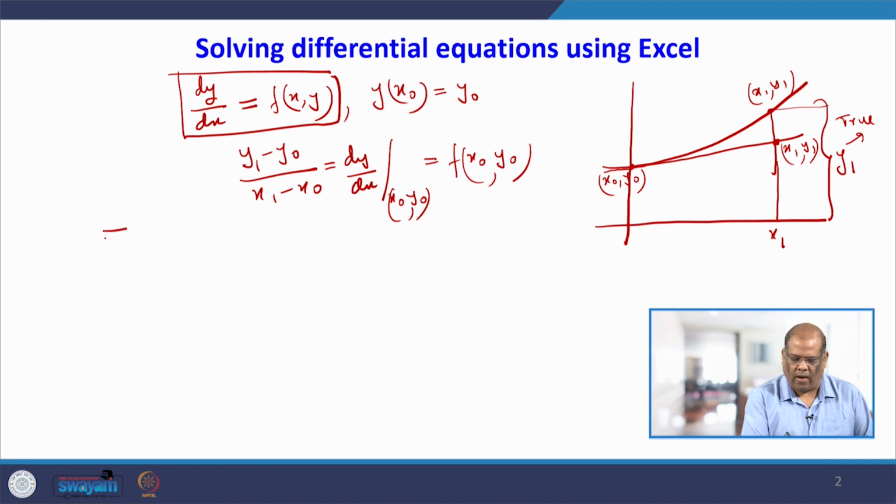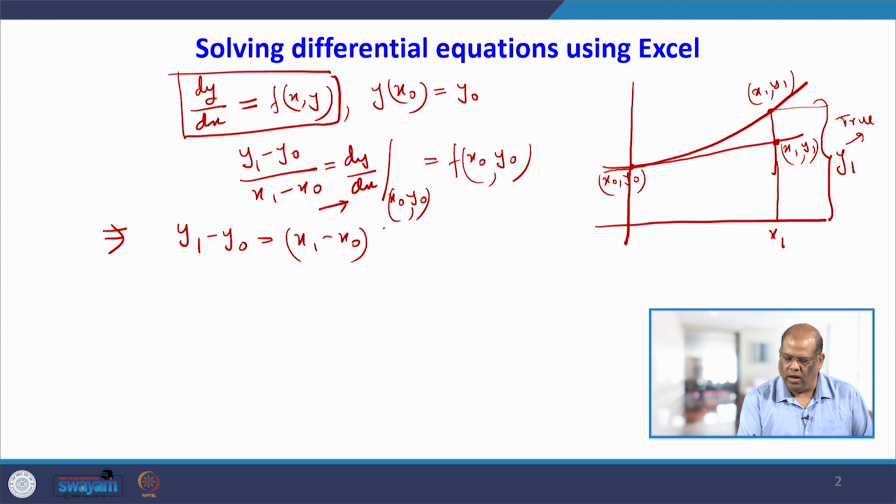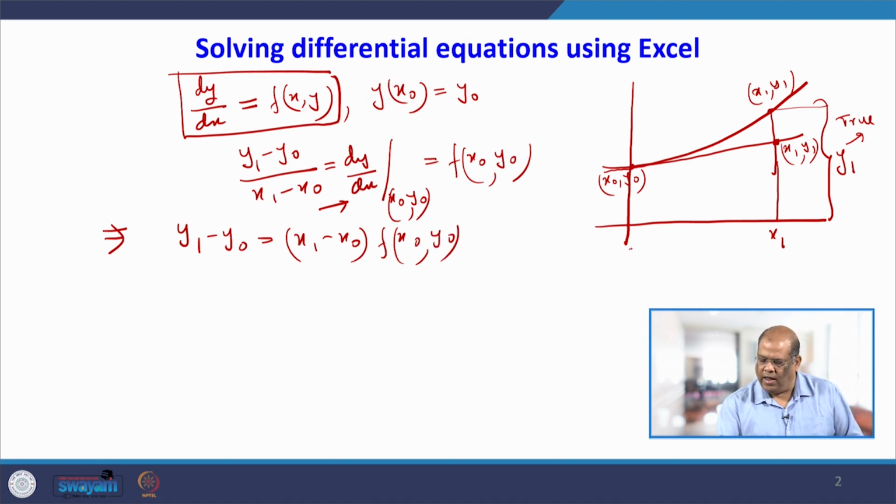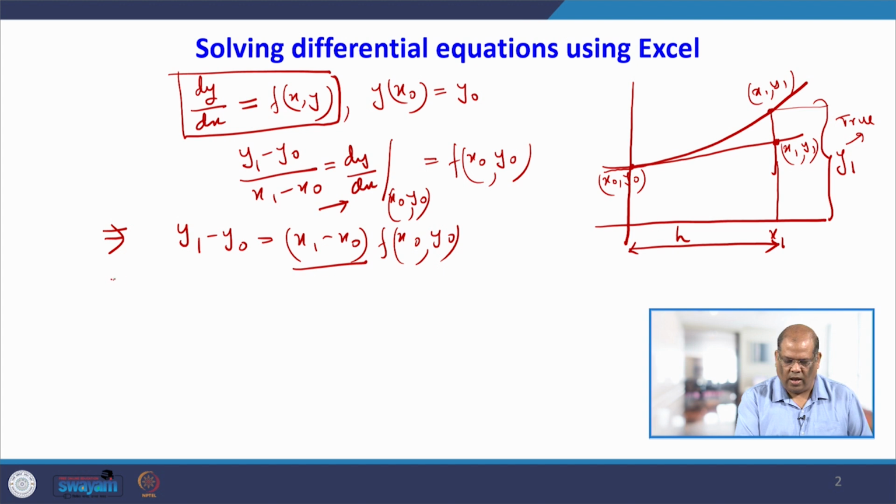So, I can write y1 - y0, so I multiply (x1 - x0) into f(x0, y0). If I take this distance to be h, then x1 - x0 is equal to h, and we get y1, I take this to this side, y0 + h times f(x0, y0).